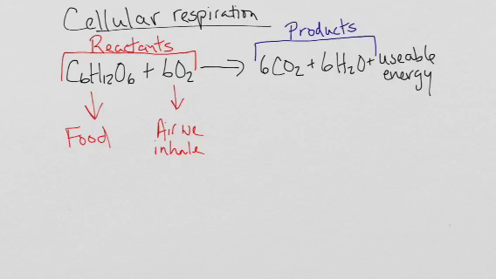Okay? And that works the exact same way that diffusion works in the actual alveoli. There's a higher concentration of carbon dioxide after cellular respiration in the actual cell. It will diffuse to the blood cell that doesn't have any carbon dioxide.